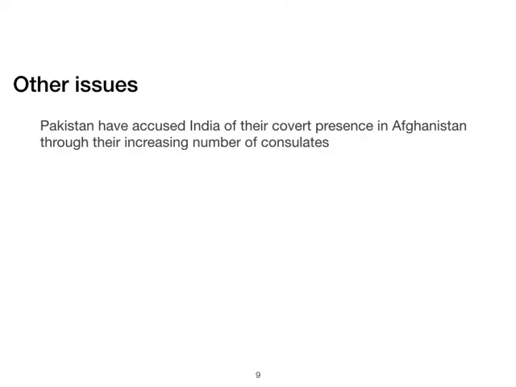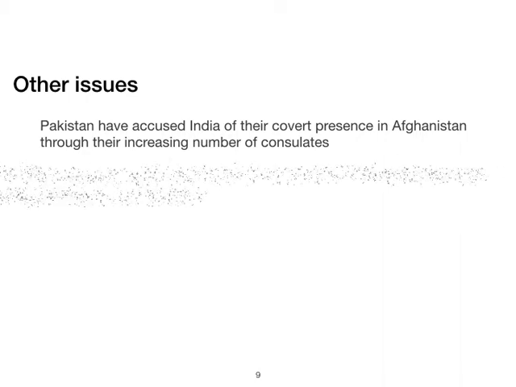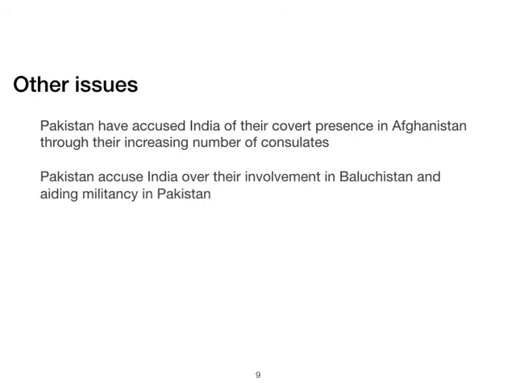And then there are other issues. If you look at the current context, particularly after the Afghan war, Pakistan has accused India of a covert presence in Afghanistan through an increasing number of consulates. Pakistan also accused India of involvement in Balochistan and aiding militancy in Pakistan, because Pakistan believes there's an Indian influence in the insurgencies taking place in Balochistan.